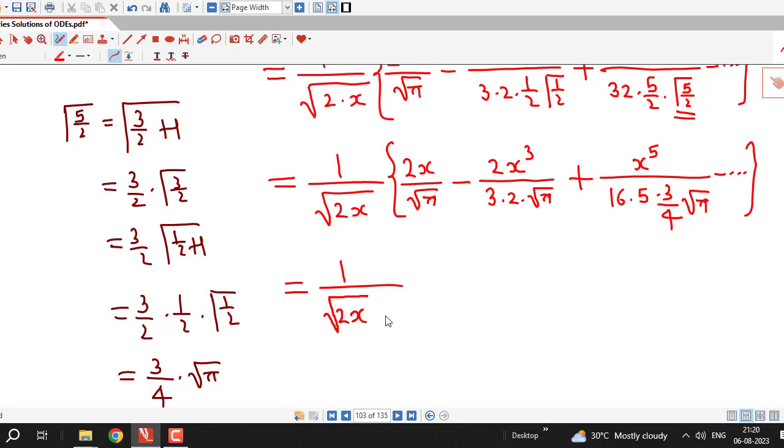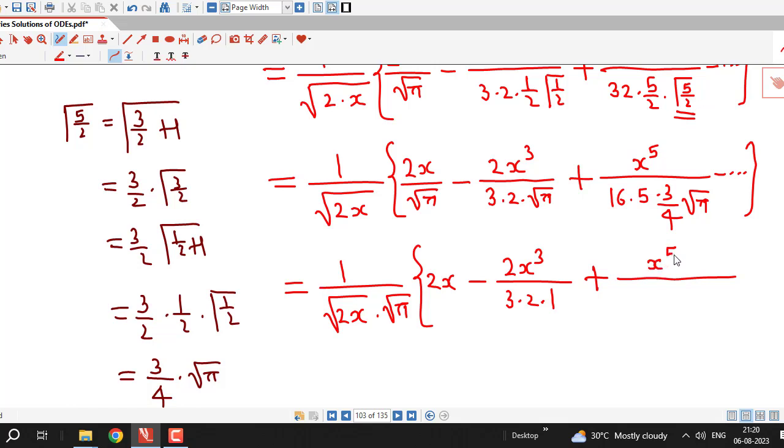So I have square root of 2x into square root of pi, and here I am left with 2x minus 2x cube divided by, this I can rewrite as 3 into 2 into 1, plus, you can see here I can consider this cancellation, x raised to 5, and 4 will get cancelled, and we have 5, 4, 3 and 2. 5 as it is, this 4 I will obtain from here, 5, 4 and 3, and 2 is not there.